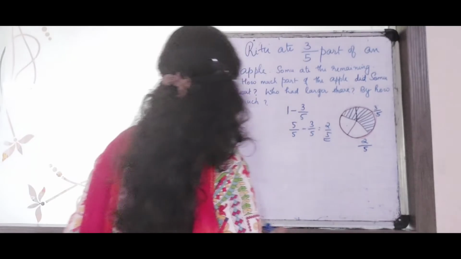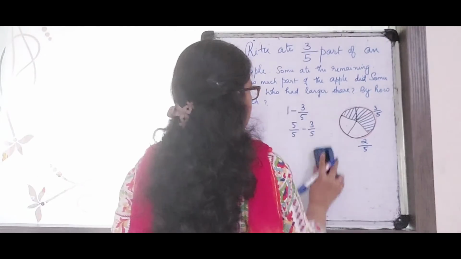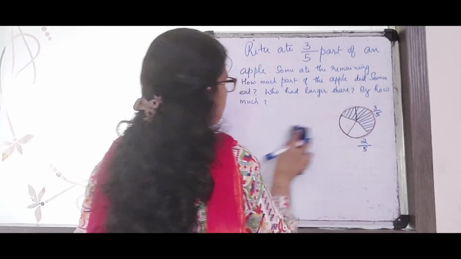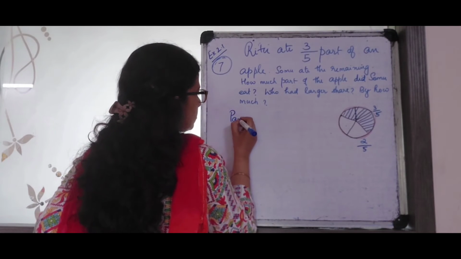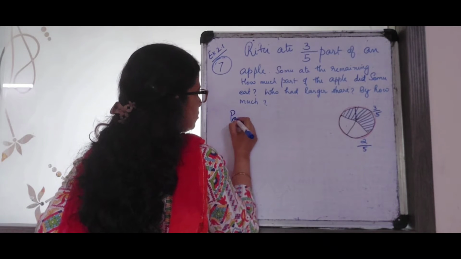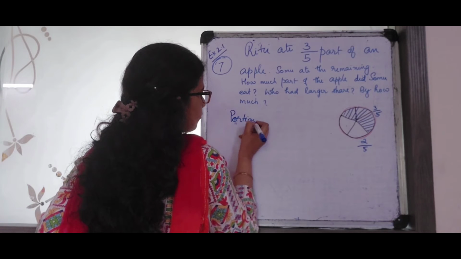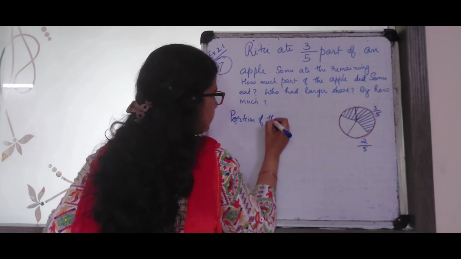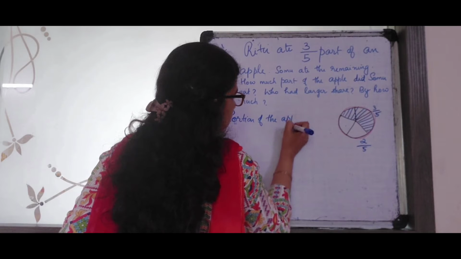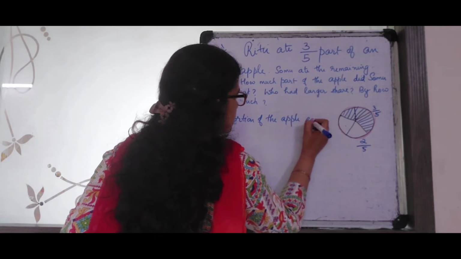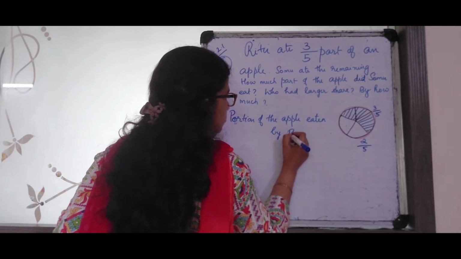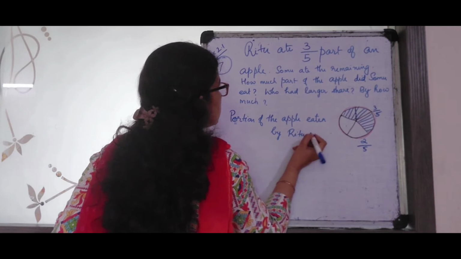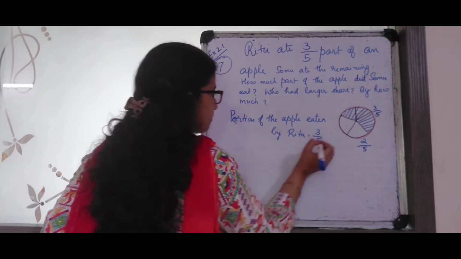So how do we write steps for this? Part or portion of the apple eaten by Ritu is equal to 3 by 5.